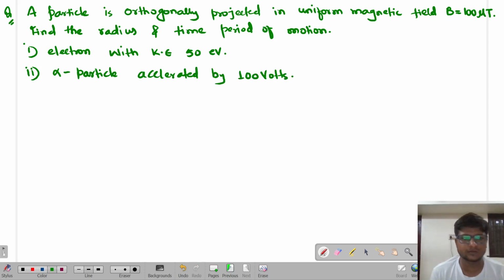Is it clear or not? So if a particle is projected in a uniform magnetic field, orthogonal magnetic field means perpendicular magnetic field. Got it or not? Okay. Then find the radius and time period of motion if it is an electron with kinetic energy 50 electron volts, if it is alpha particle accelerated by 100 volts. Are you able to get me or not? That's your question. Try it.